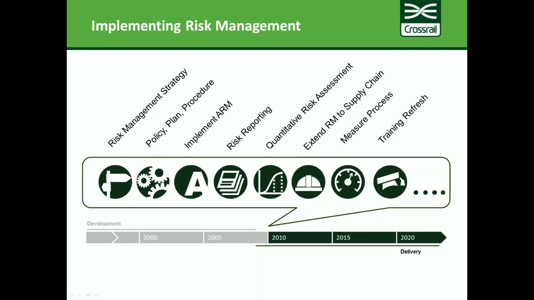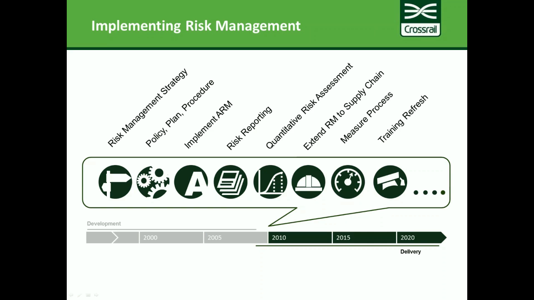And so this slide talks to the process that we went through to develop risk management, starting off with a strategy, putting in place policy, plan and procedure, and all those good documents and structures that you need to define how you're going to manage risk and how it's going to relate to the rest of the project. We also implemented ARM at the end of 2009 and the beginning of 2010, and ARM is a risk management database. It's now a SWORD product, but we'll come back to that later.